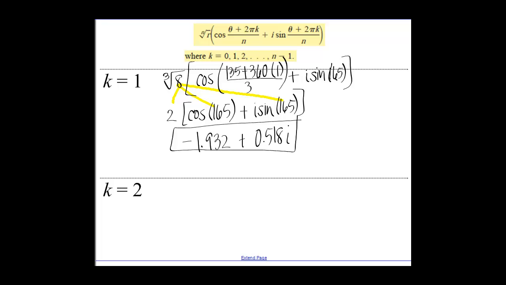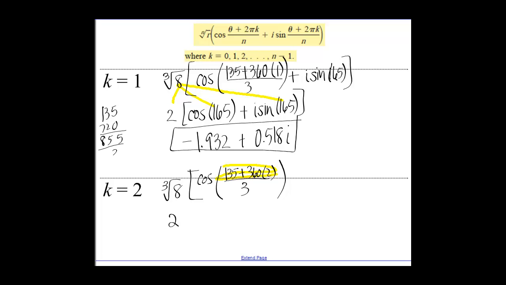And finally, for k equals 2, we still have the cube root of 8 out front, which of course is 2. Big open brackets, got cosine of (135 plus 360 times 2) all over 3. See, cleaning up the numerator, I've got 135, 360 times 2 is 720.